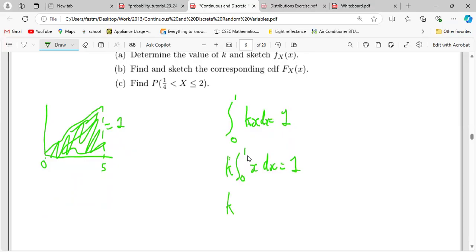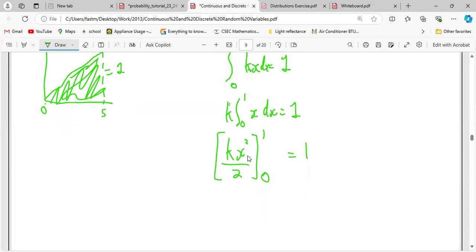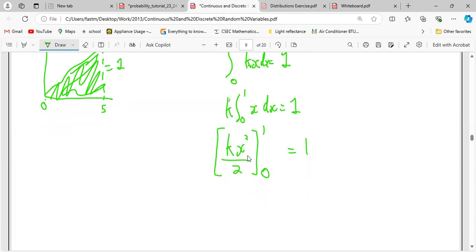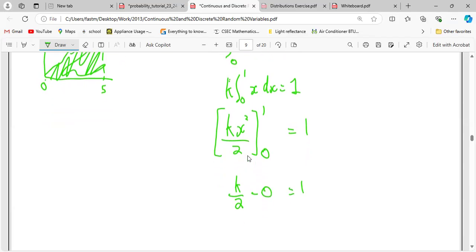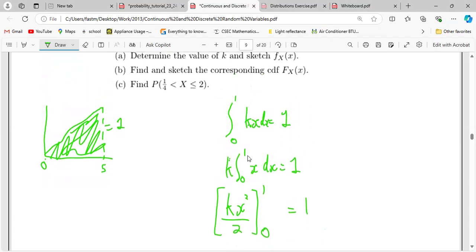So it'll be k x squared on 2, and you integrate that between 0 and 1, and it's equal to 1. So it's b minus a: k on 2 subtract 0 is equal to 1. So k on 2 is equal to 1, and you carry the 2 across. So k will equal 2. And that was that. Nothing else.